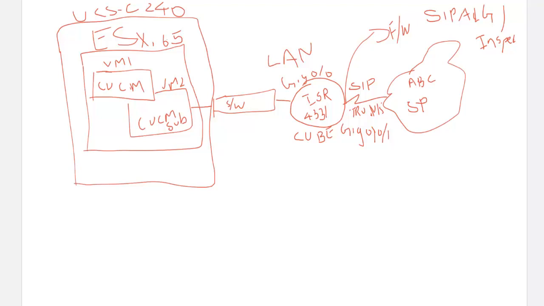One more very important thing is that you should always check what kind of interface this gig 0/0/1 is. It could be that the service provider provides you a copper connection, which is like an RJ45 connection. I have seen scenarios where a service provider previously had a fiber cable laid down at the customer premise, and now also needs a fiber connection.